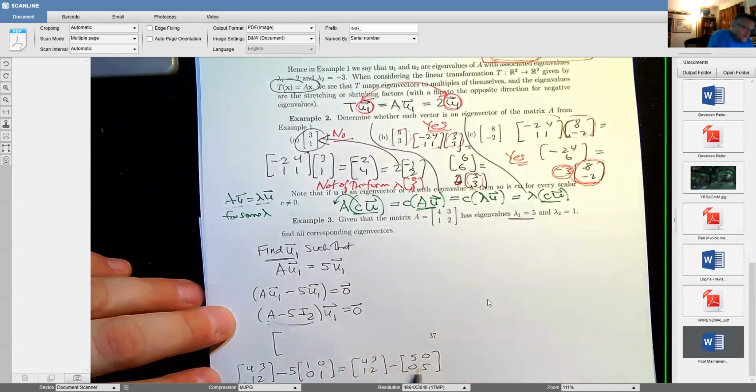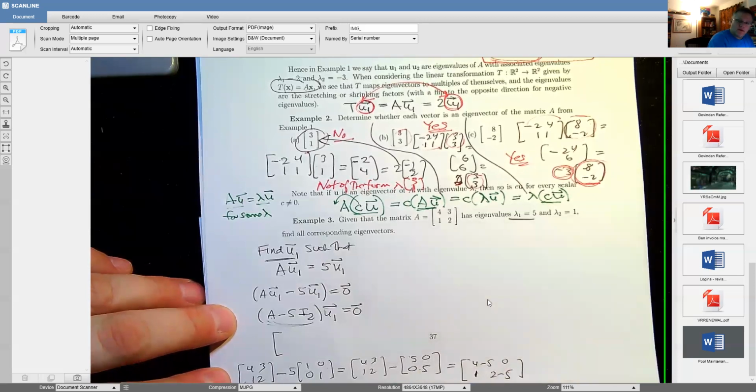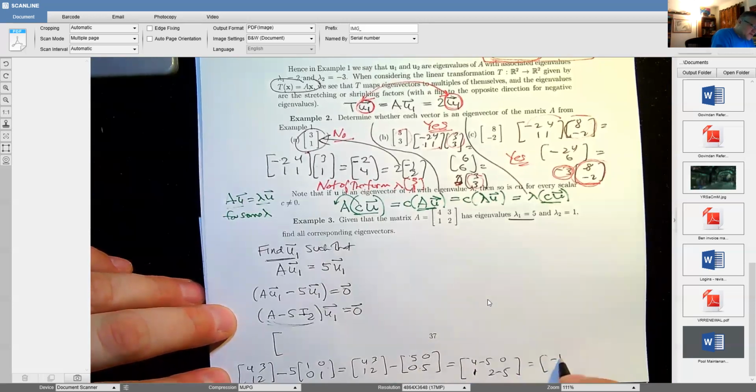And so to subtract those, I subtract component-wise. But again, the only difference is going to occur on the diagonal. Okay, and so that's equal to -1, 0, 1, -3.